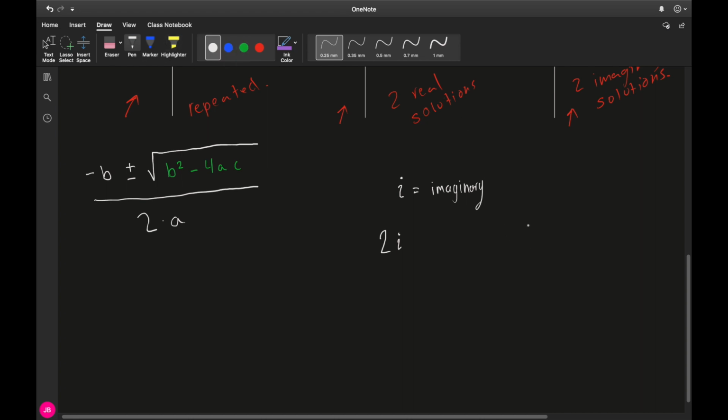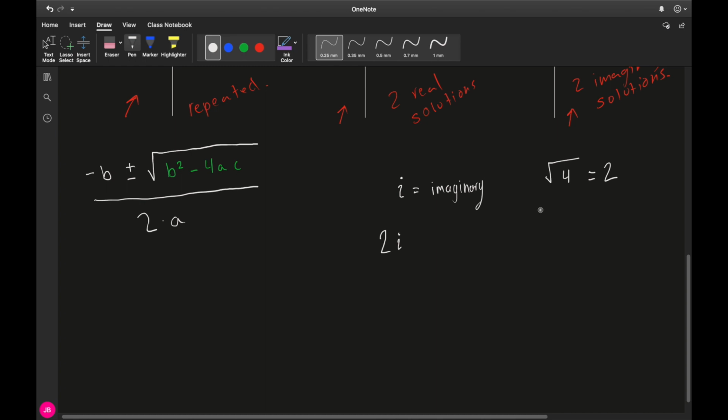Now, we all know that whenever we have, let's say, for example, the square root of 4, we have the answer of 2. Whenever we take the square root of 4, we get an answer of 2.